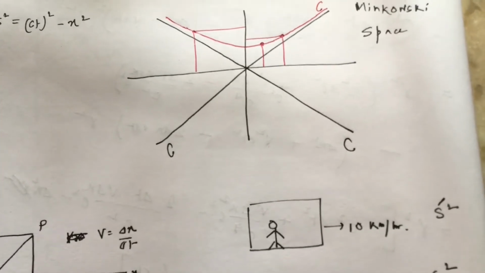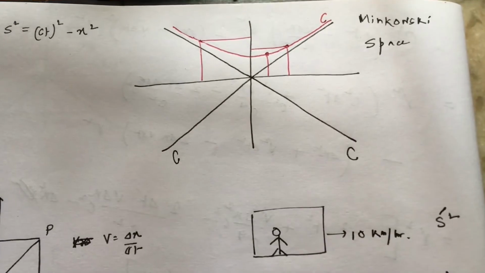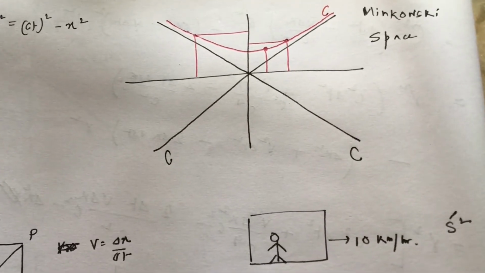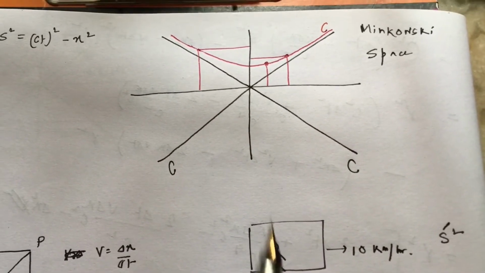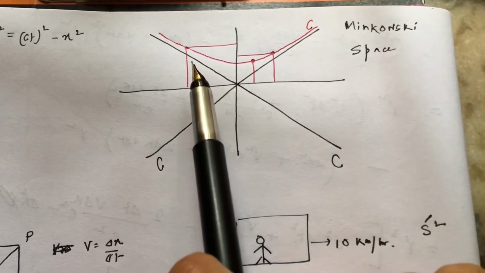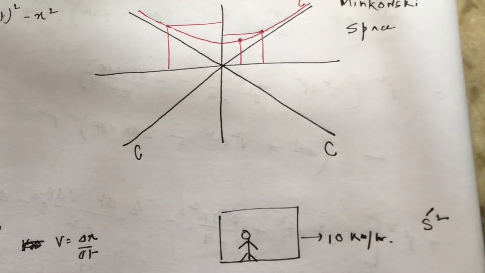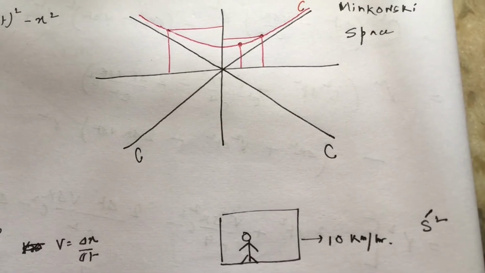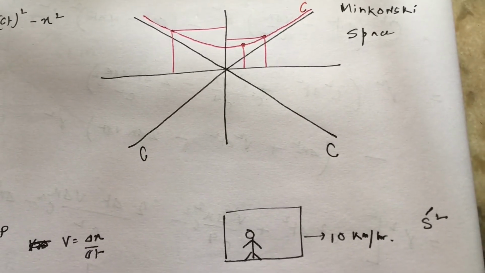Now, what will be the shape of this s square? S square will look like this red hyperbola. For each and every point on the hyperbola, the values of x and t will be different.